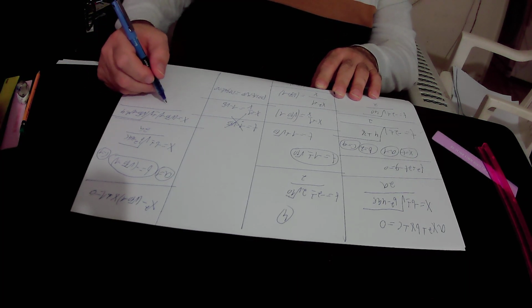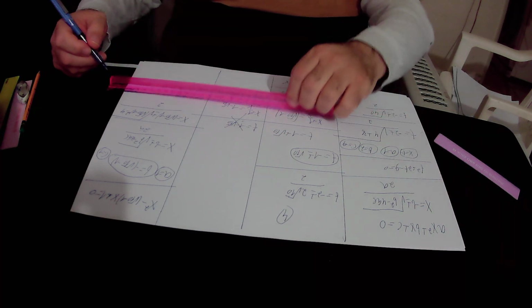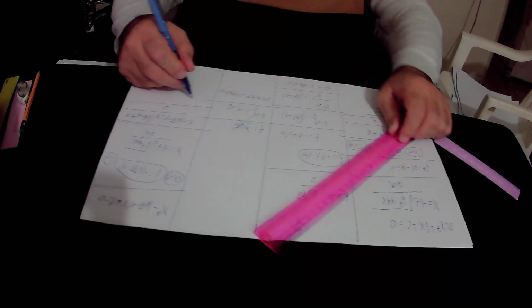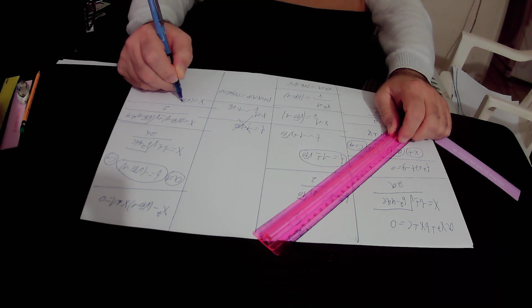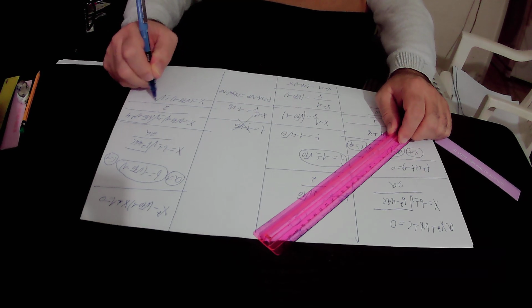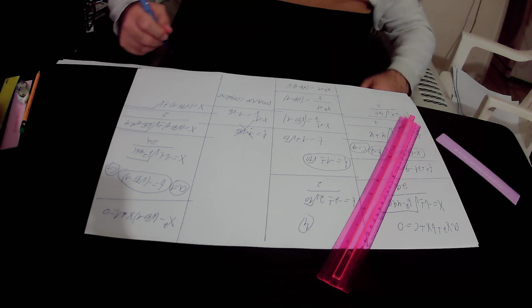A is 1, so 2 times a is 2 times 1, that is 2. So we got that x equals square root of 10 minus 1 plus minus, here we have square root of 10 minus 1 squared.